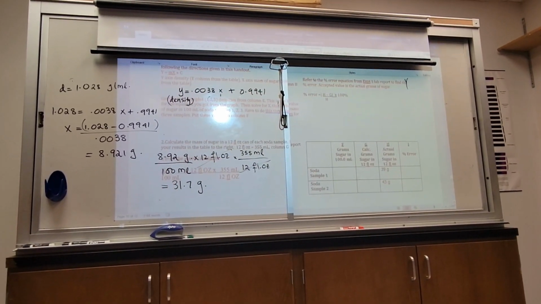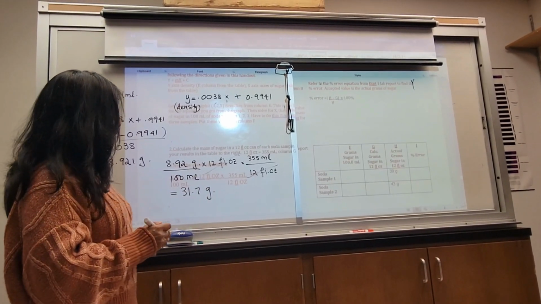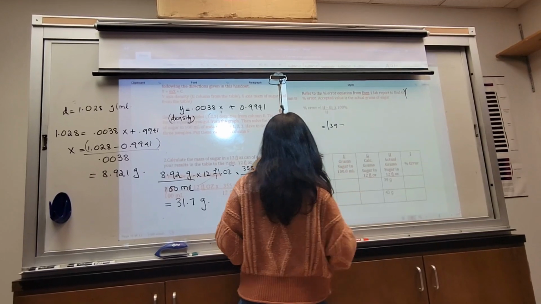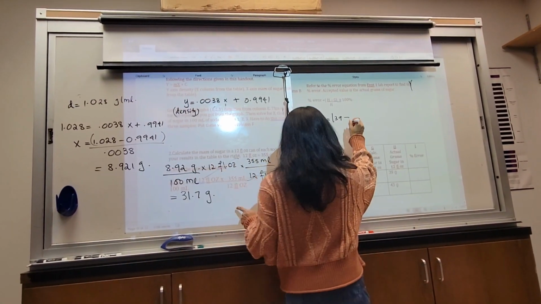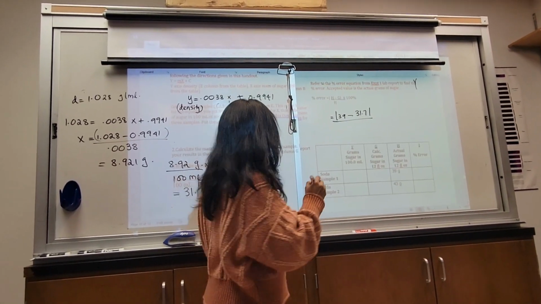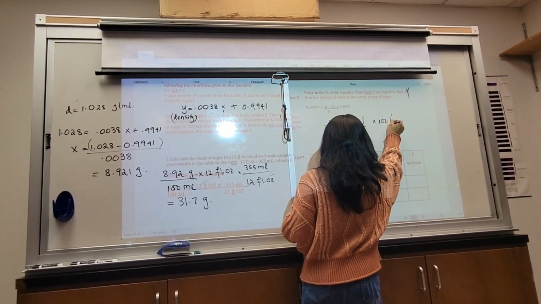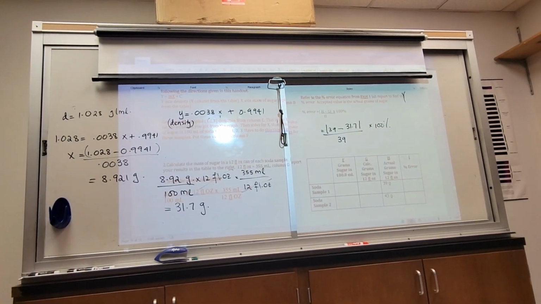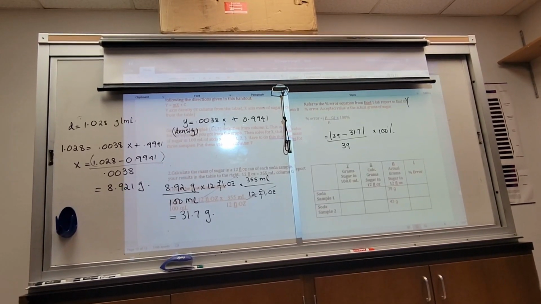You are given it over here: 39 grams for the first soda sample. So percent error is your 39 grams, subtract G, which is 31.7, and then you divide by 39 actual grams, times 100, right? You take the absolute value and write down the percent error, and you do the same thing with your second soda sample too. Okay, any question?